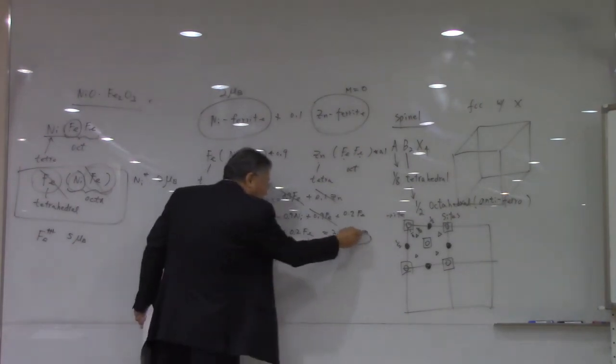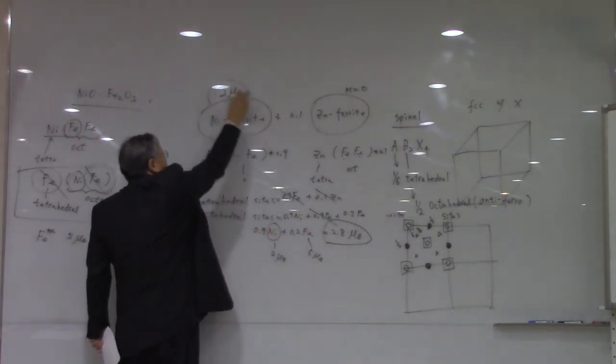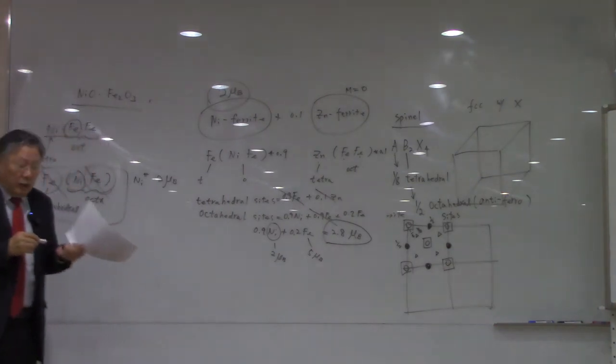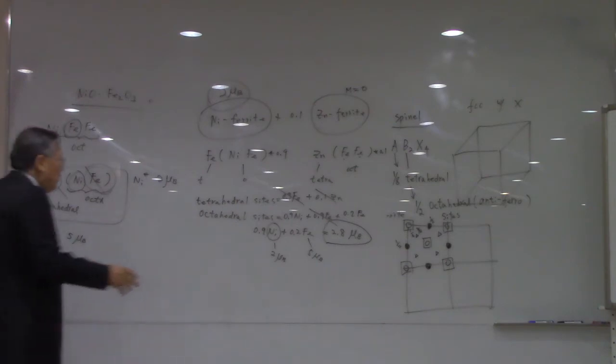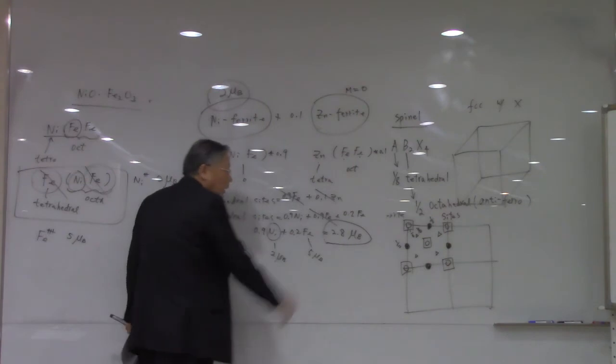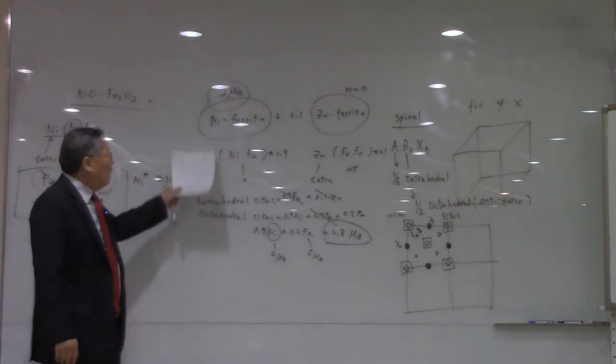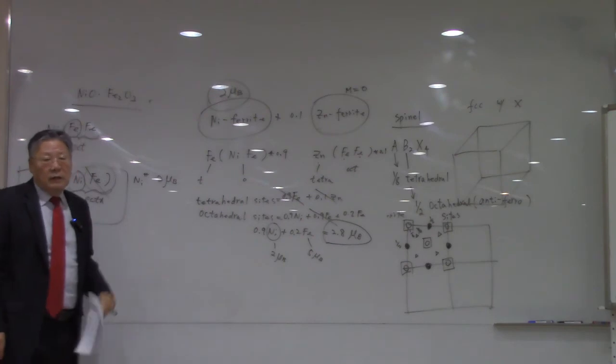Now this 2.8 is bigger than the 2 Bohr magneton here, which means if we mix the nickel ferrite, which has 2 Bohr magneton as a magnetic moment, with the zero magnetic material, zinc ferrite, 0.1 or 10% in atomic percent, then we end up with 2.8 Bohr magneton, which is bigger than the pure nickel ferrite.